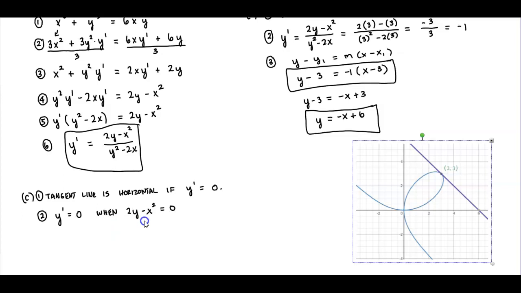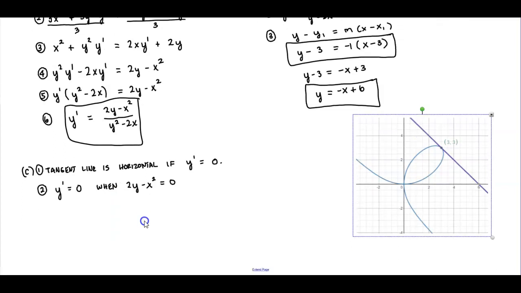So let's solve for y here. We have 2y minus x squared equals 0, so 2y equals x squared. Divide both sides by 2, then y is going to equal 1/2 x squared.